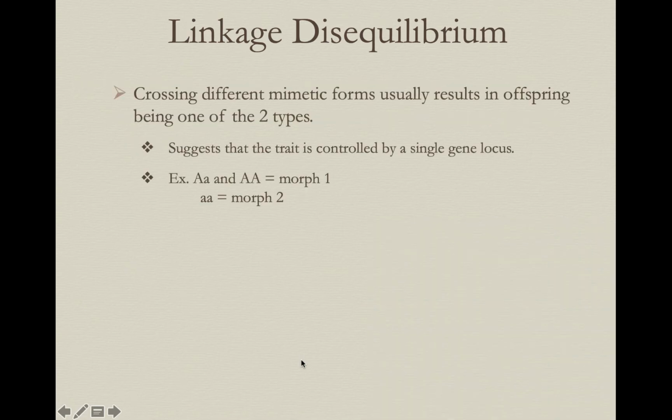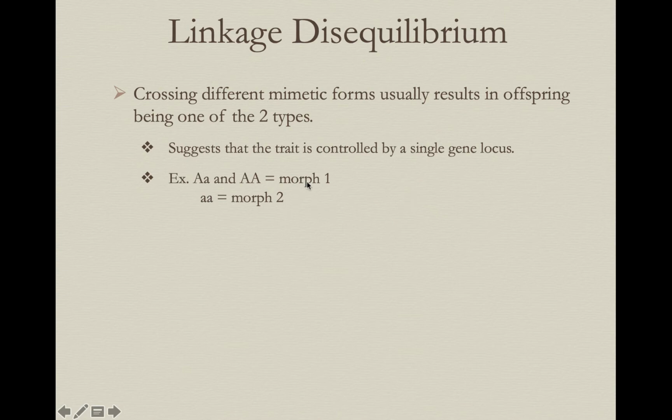So if you take this mimicking species into captivity, you tend to see that the offspring are going to be one of the two types, but you don't really get intermediates. Meaning if you get the color of the tailed form, you also get the tail. If you get the color of the tailless form, well, they don't get a tail. So this suggests that each of these morphs really is a single trait controlled by a single gene locus.